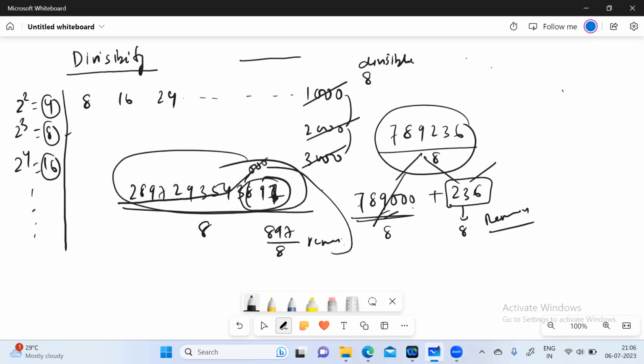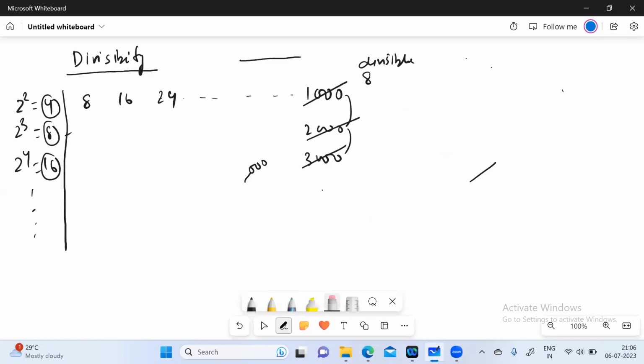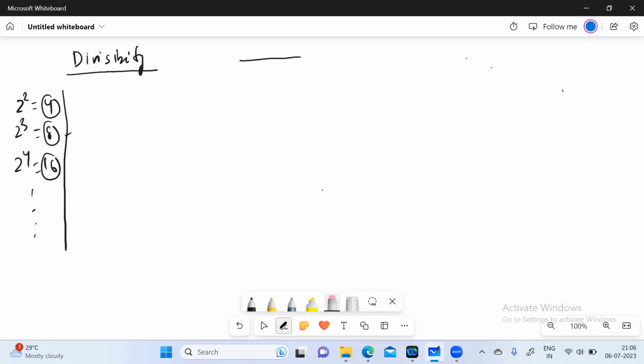Similarly, when you go for 16, 16 divides 10,000. And for 32 and further multiples, they will also divide 10,000.